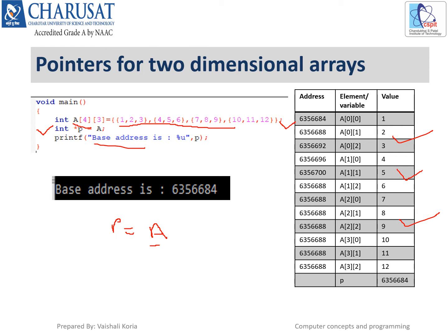If we print the value of p, or the address of a[0][0], we will have the same value. The output of this program is: base address is 6356684.